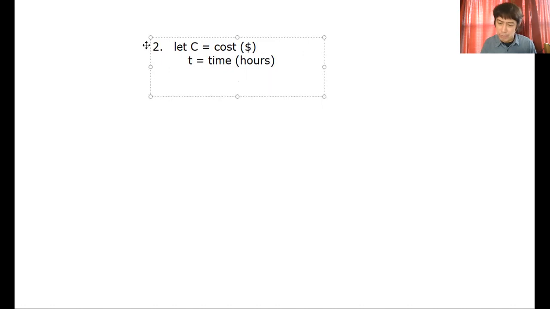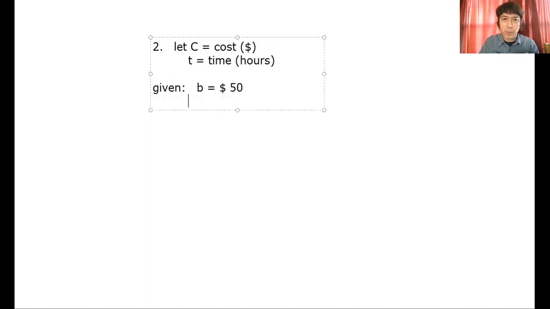Our given b, the initial payment, will be the $50. That's the small b in our slope-intercept form.